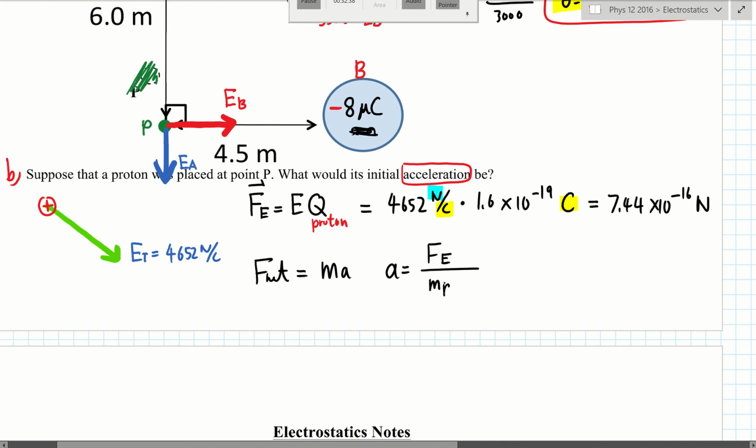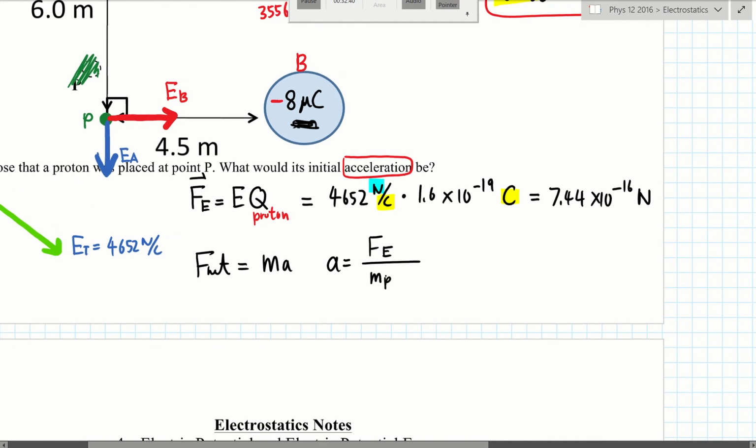So electric force is what we just got up there, 7.44 times 10 to the negative 16 Newton. And the mass of a proton is 1.67 times 10 to the negative 27 kilogram. I just happen to have that memorized.